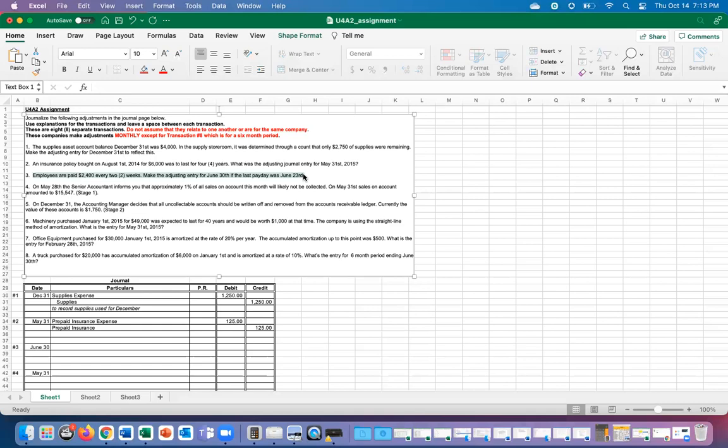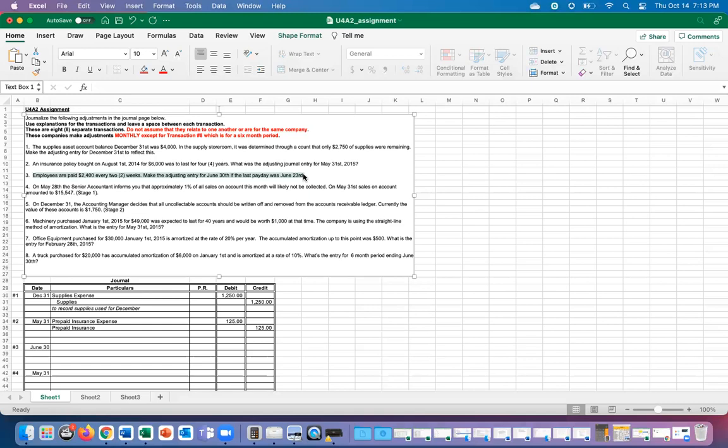So we want to make a record of that just so we're not carrying forward the wrong balance or making financial decisions based on the wrong amount of money that we have, because we owe our employees a certain amount of money, even though it's not quite reflected yet on the books. That's why we're making the adjustment. We want it to be reflected on our books. So we're going to put this in our journal.